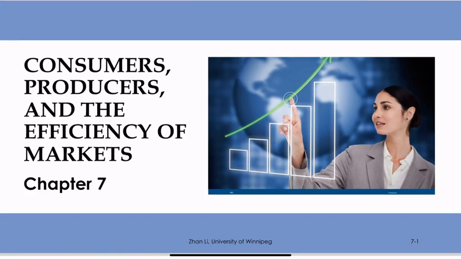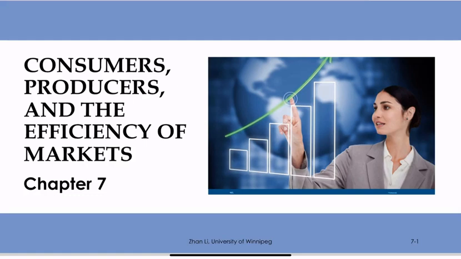Chapter 7 is about the efficiency of the markets. So basically we want to answer the following question: is competitive market equilibrium efficient? Obviously, to understand this, we first need the definition of efficiency. So we will first start with the definition of consumer surplus. And then we will talk about the producer's surplus.